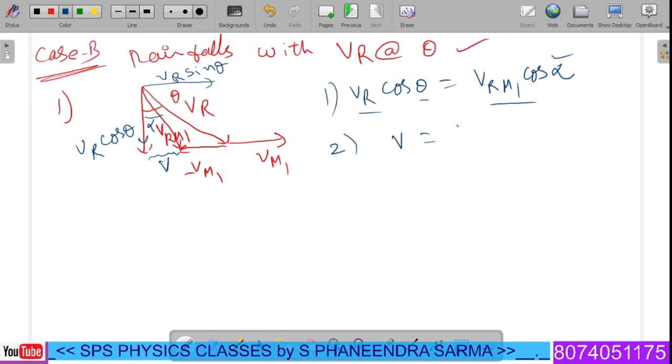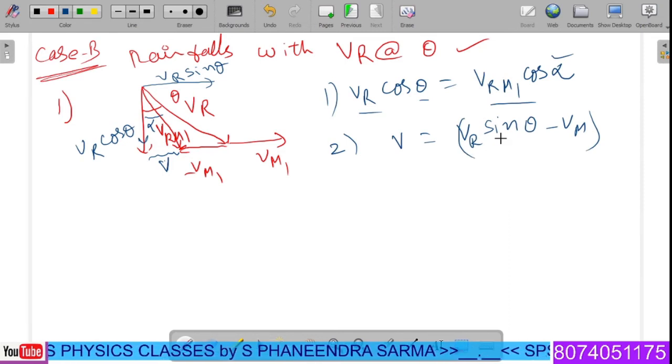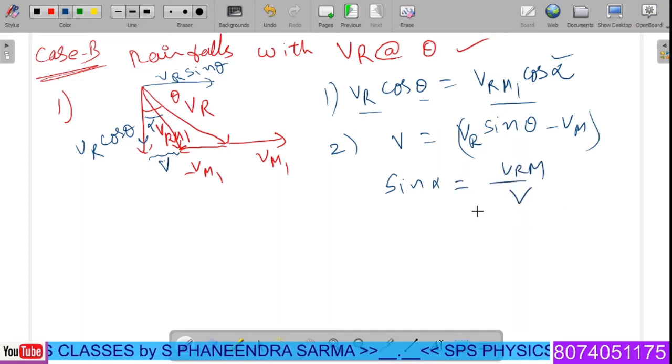So that v will give you VR sin theta minus Vm, the difference in velocity we have in this particular small graph. The difference in velocities will give you the value of v. Now how to find the value of alpha? Simply, sin alpha is equal to, in the problem, VRM1 by v. Upon substituting this value here, you can find the value of VRM1.